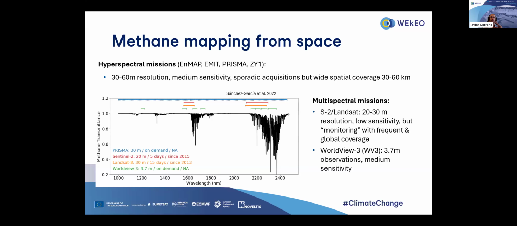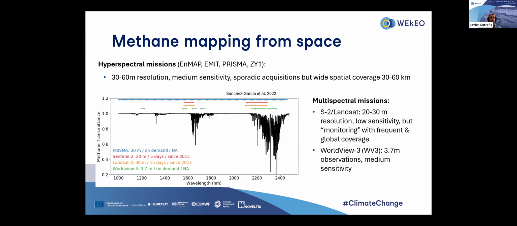They have wide spatial coverage, and you can detect emissions from 100 kilograms per hour onwards. You see here that they cover basically the whole shortwave infrared, where you've got the methane transmittance, especially a really strong peak in the 2300 nanometer region.